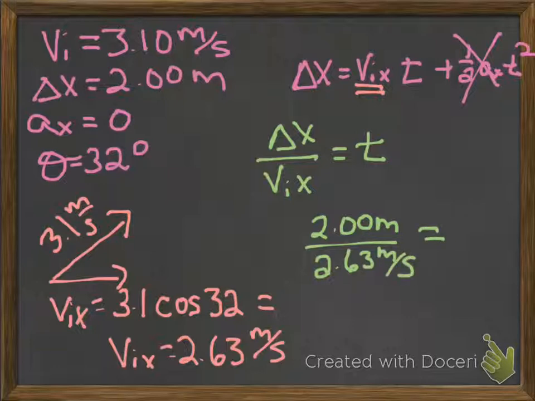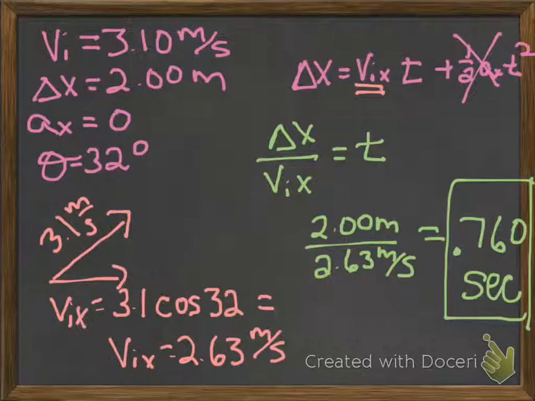Plug that in your calculator, and we easily can now find the time of 0.760 seconds. Hopefully you're catching on to these, and I'll try to put another one on if need be, but work these over and over again, and practice makes perfect.